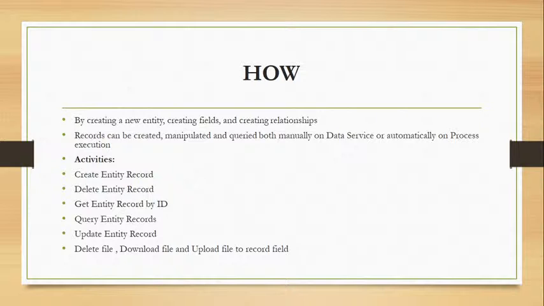Using this ID we can retrieve records from Data Service, and we can also query records to see what data exists in Data Service and how many records are present. We can also apply all types of conditions using query entity records.